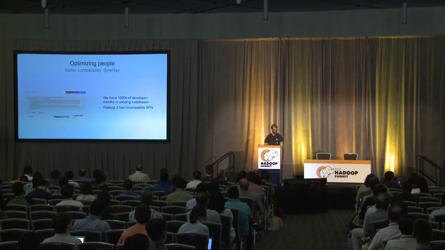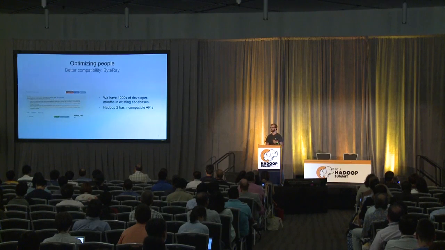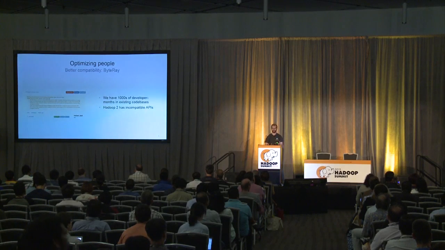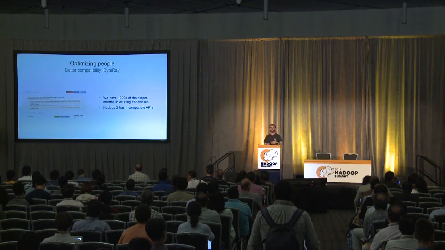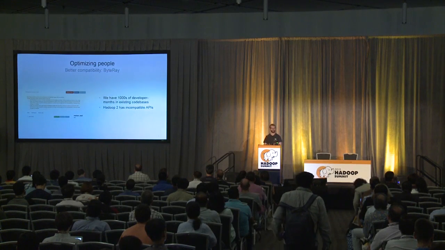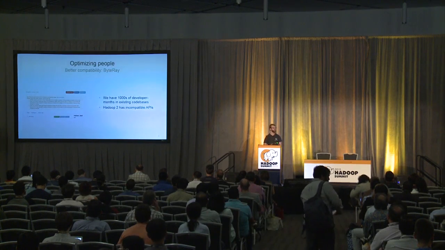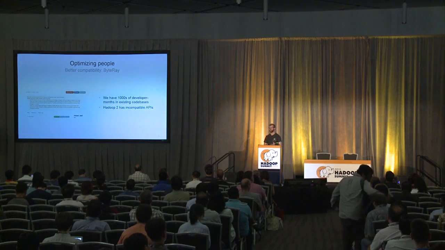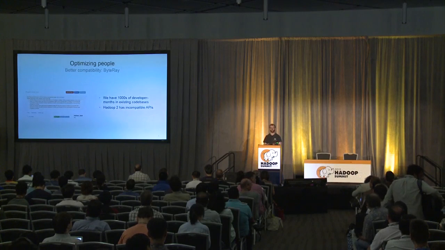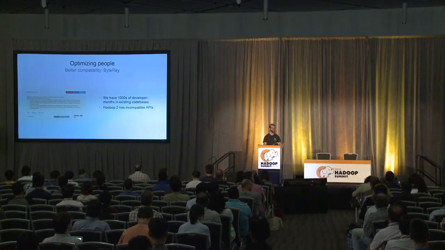One of the tools that we built that helps people spend their time more efficiently on Hadoop is called ByteRay. ByteRay is a compatibility tool. One of the challenges that we've had is as people migrate from Hadoop 1 to Hadoop 2, there are a lot of inconsistencies and incompatibilities, and if you aren't familiar with the system, it's very difficult to navigate and to port existing work, maybe work that you never developed in the first place, to the new system.